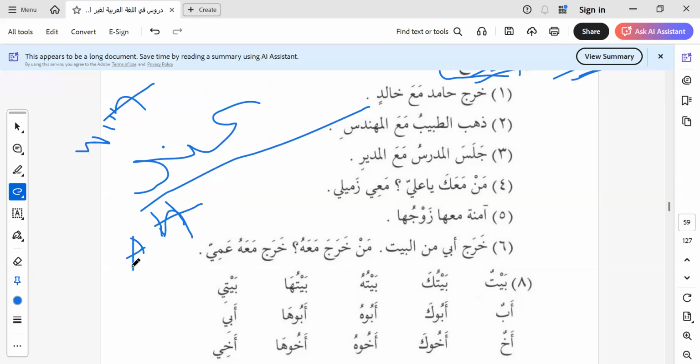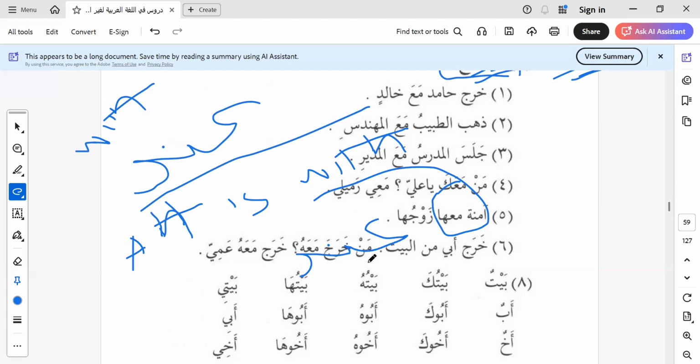We say is with her. This with her is this ma'a. And she's living with her husband. The second with, you translate it as inda. So Aminatu ma'a zawjiha. Amina is with her husband.